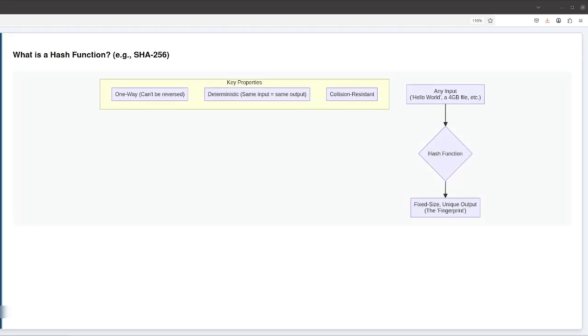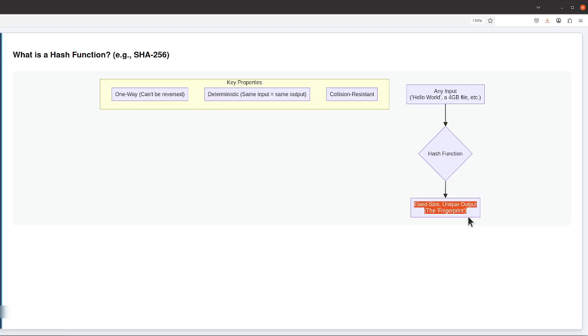What is a hash function? Let's quickly define a hash function, like SHA-256. Its job is to take an input of any size, from a single word to a multi-gigabyte file, and produce a short, fixed-length string of characters. This output, the hash, is a unique fingerprint of the input data.